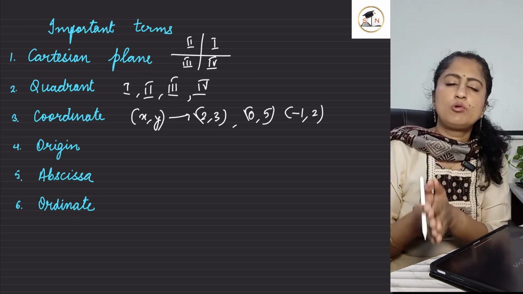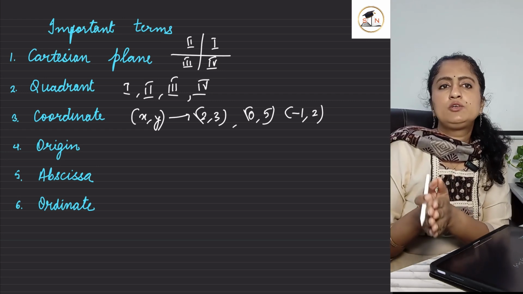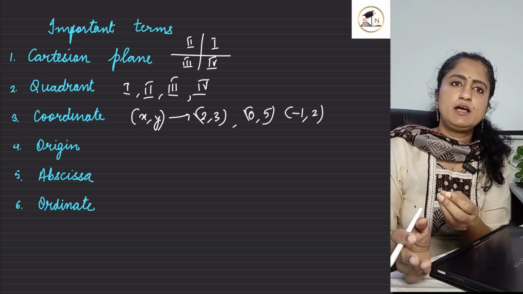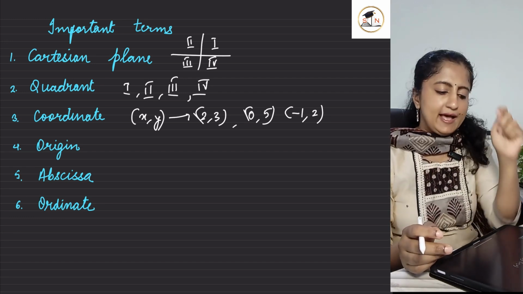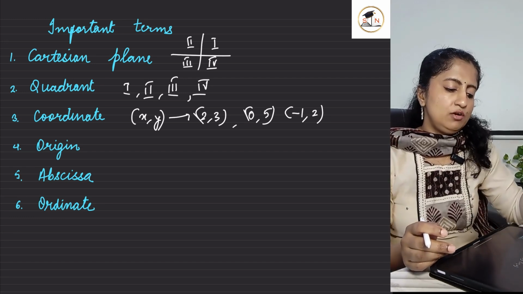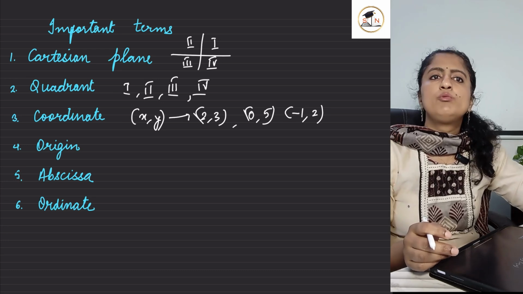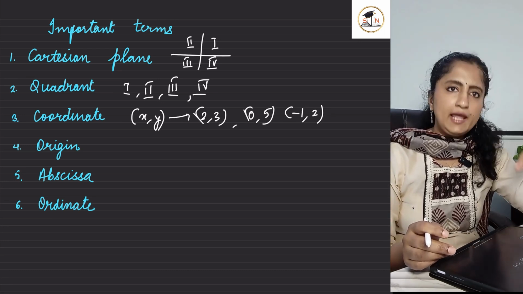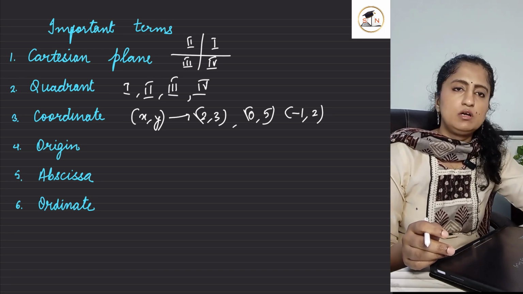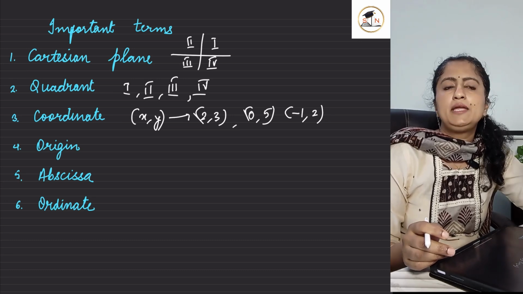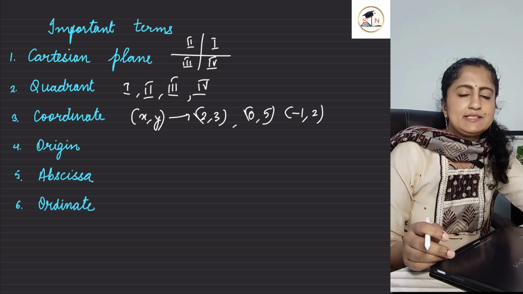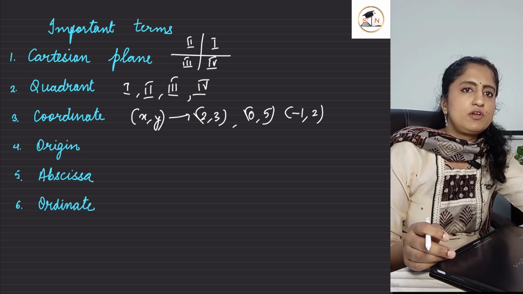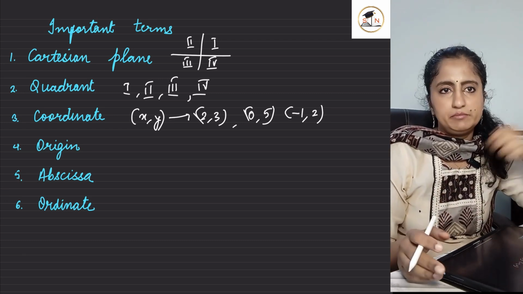Whenever we are talking about coordinates, it is not confined to integers. It can have decimal values. It can have any real values in the plane. Okay. As of now, you will deal with majorly only either integers or one decimal place. But in practicality, in the real world, a coordinate can be anything with respect to any real quantity. Okay. Yes, it can be unreal also, but as of now, let's confine to real numbers.